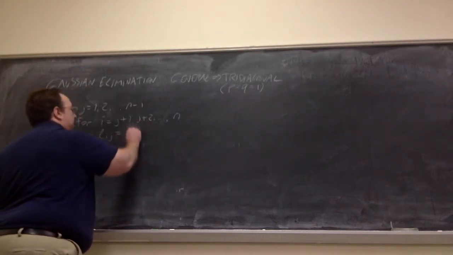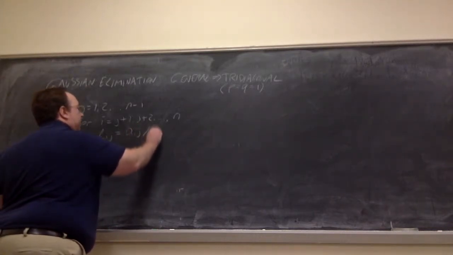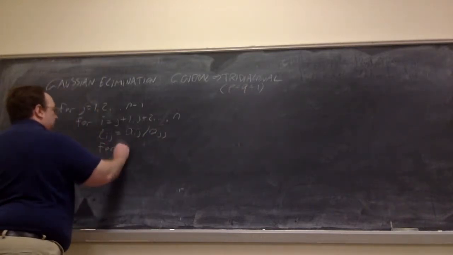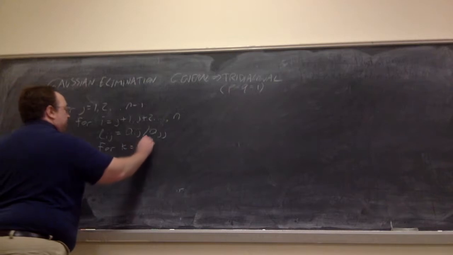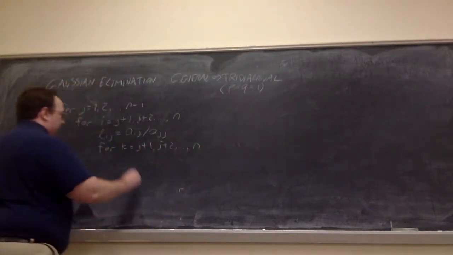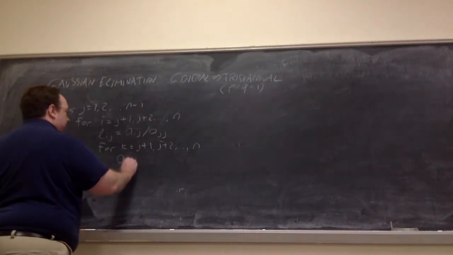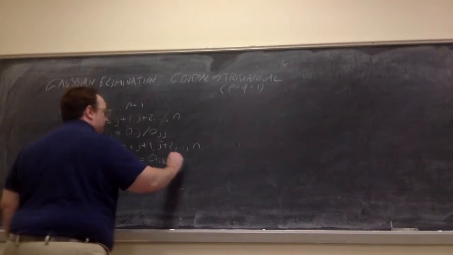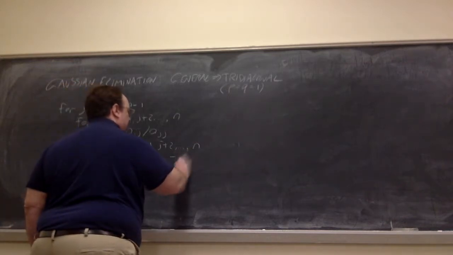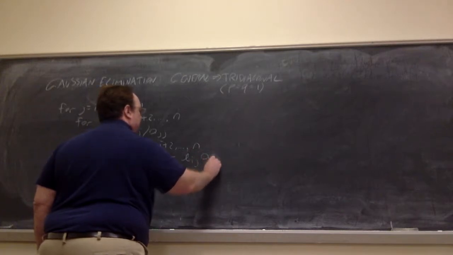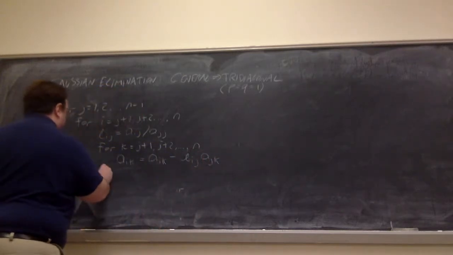So that would be Aij over Ajj. Then we have an inner loop that goes from j plus 1 up to n, and a main step of Gaussian elimination where we update the entry Aik. Then we end all these loops.